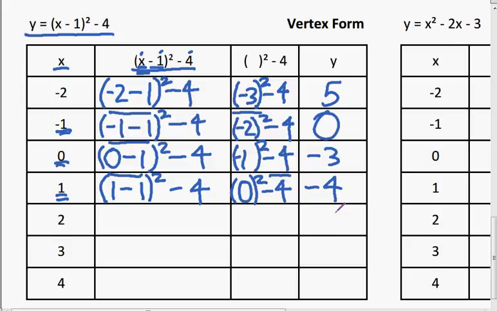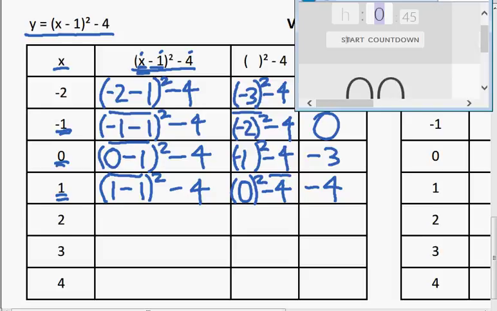45 seconds. Tell me what y is when x equals 2.